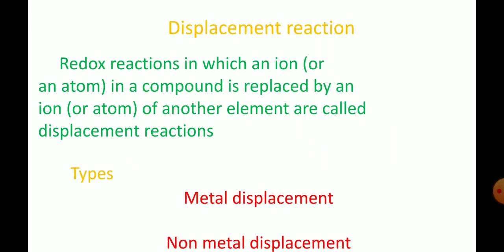Then let us see displacement reactions. Okay, dear students, it is type 3. It is a type of redox reaction in which an ion or an atom in a compound is replaced by another atom or ion, and such reactions are called displacement reactions. The place of one atom is displaced or replaced by another atom, and so these reactions are called displacement reactions.